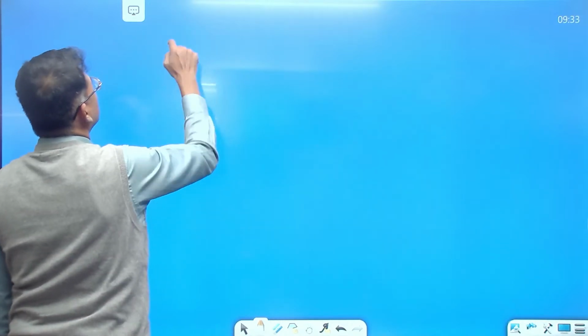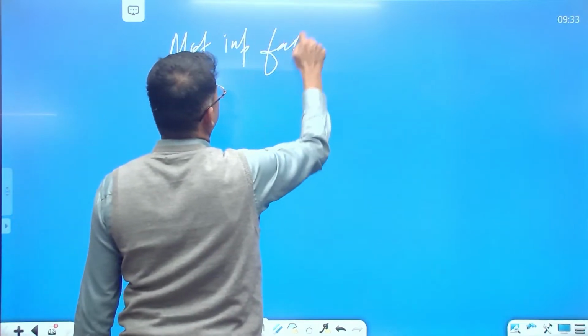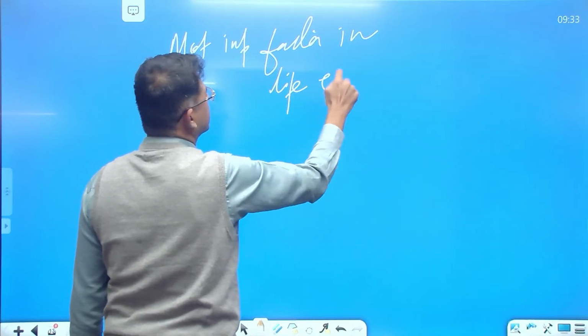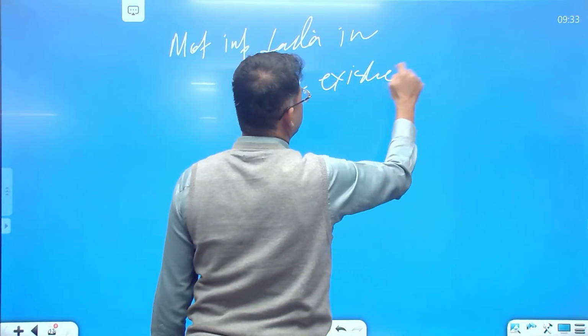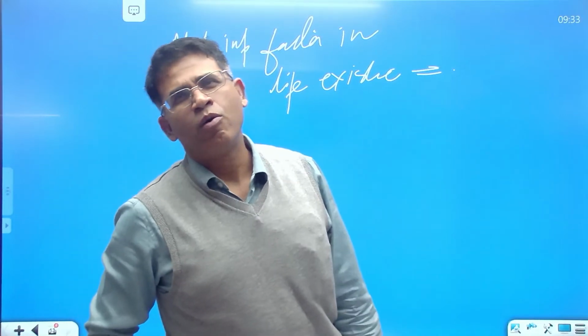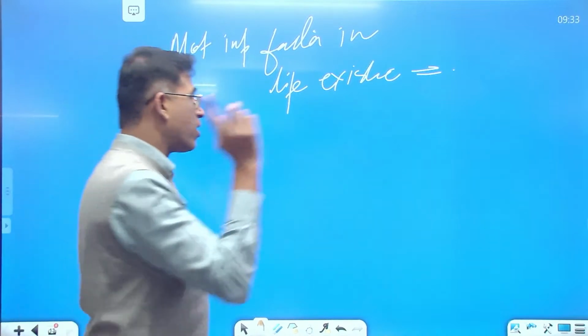Before that, the most important factor in life's existence is what? Anybody can tell me? अगर एक उठाना है factor, what's the most important factor for life existence? Water. Correct.